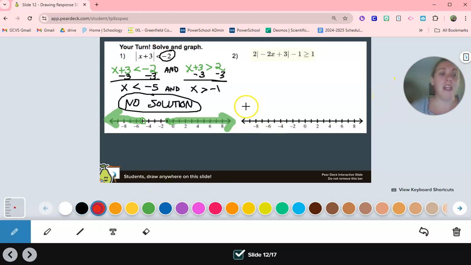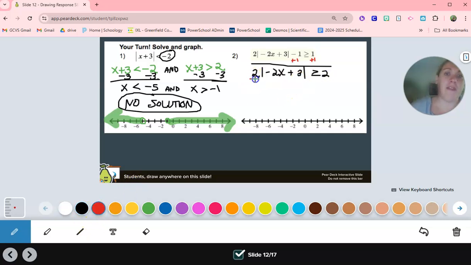Over on the right, we want to get our absolute value part alone. So the first thing we're going to do is add 1 to both sides. And then we have 2 times the absolute value of -2x plus 3 is greater than or equal to 2.